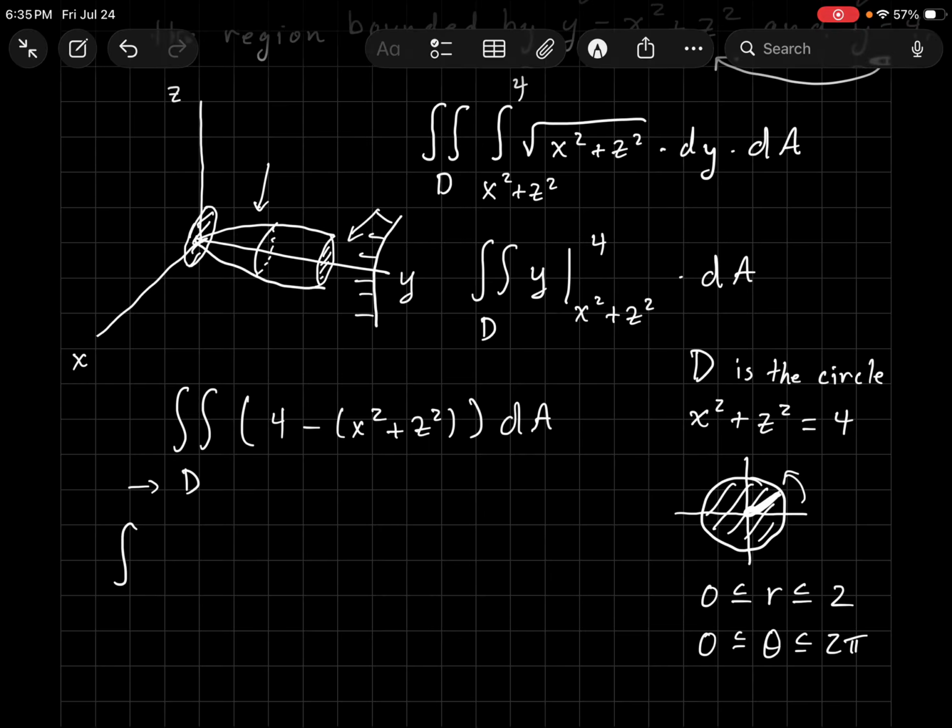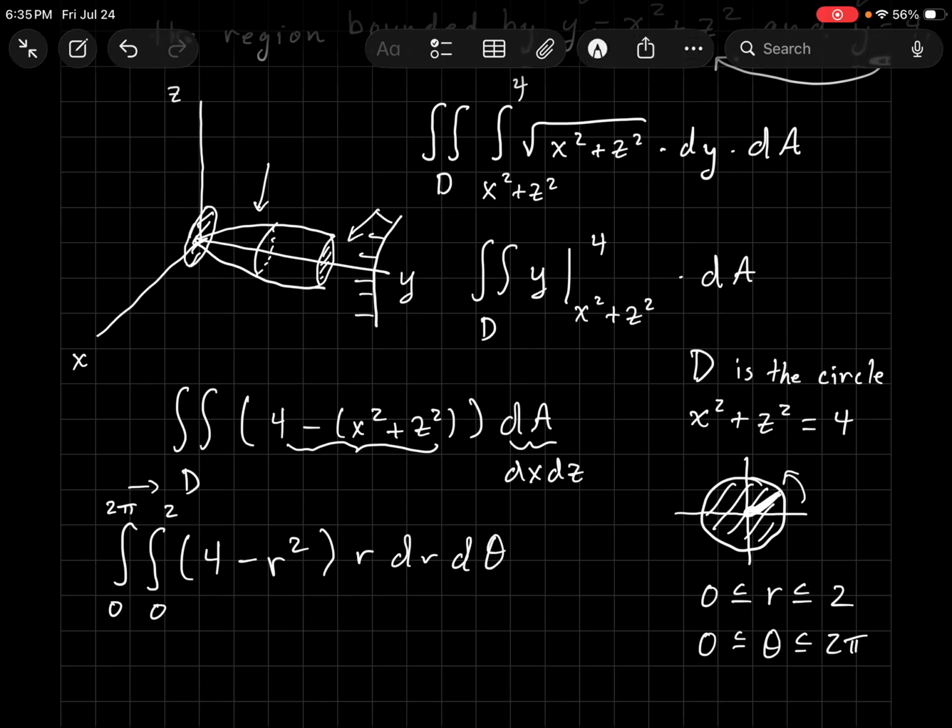So if I make my replacements over here, I'll do 0 to 2 pi in the outer integral, and 0 to 2 for my r. And notice that this is going to be 4 minus r squared. And then instead of doing dx dz or dz dx, we can do r dr d theta.